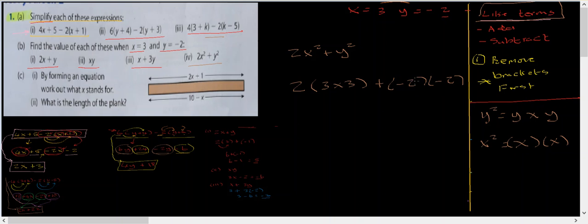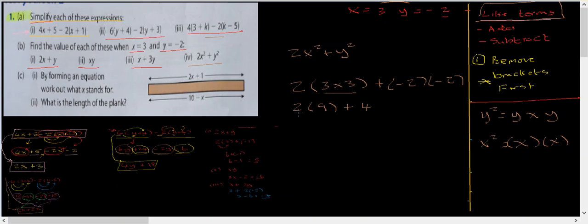That means when you have two brackets beside each other, they're multiplied by each other. So remember, you have to do whatever's inside the brackets first. So we have 3 by 3. So that's going to be equal to 2 times 3 by 3, which is 9. And minus 2 multiplied by minus 2 gives us plus 4.